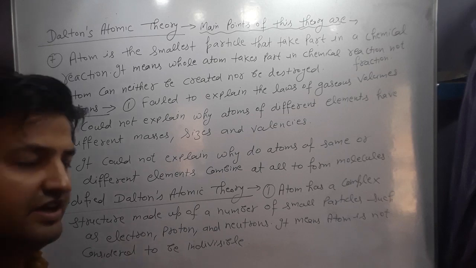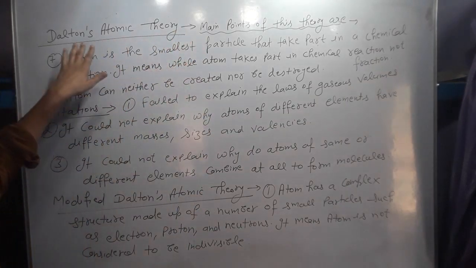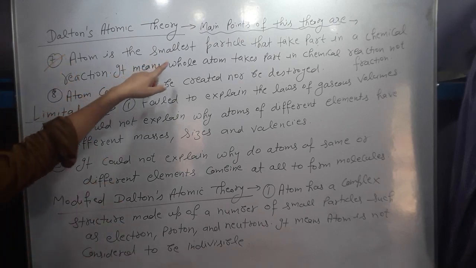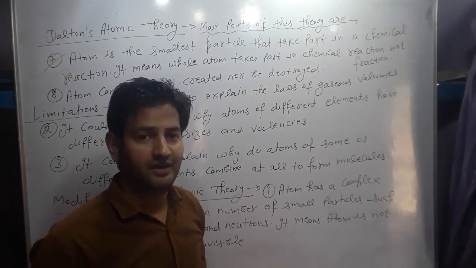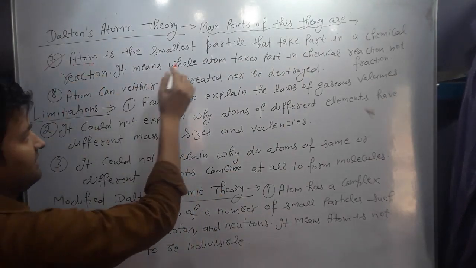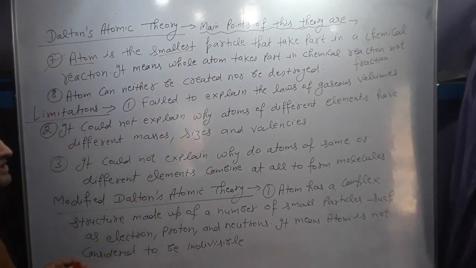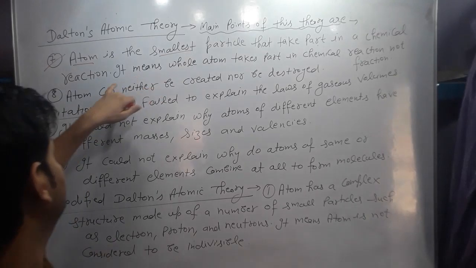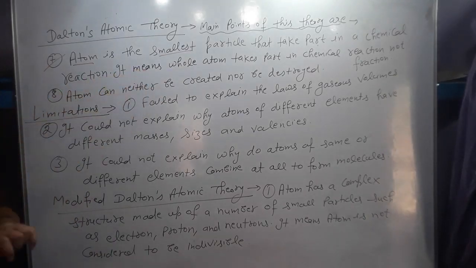Okay students, so the next point in Dalton's atomic theory is the seventh point. The atom is the smallest particle that takes part in a chemical reaction. Means एटम ही वही पार्टिकल है, छोटे से छोटा, the smallest particle that takes part in a chemical reaction. Chemical reactions के अंदर तो participate करेगा.